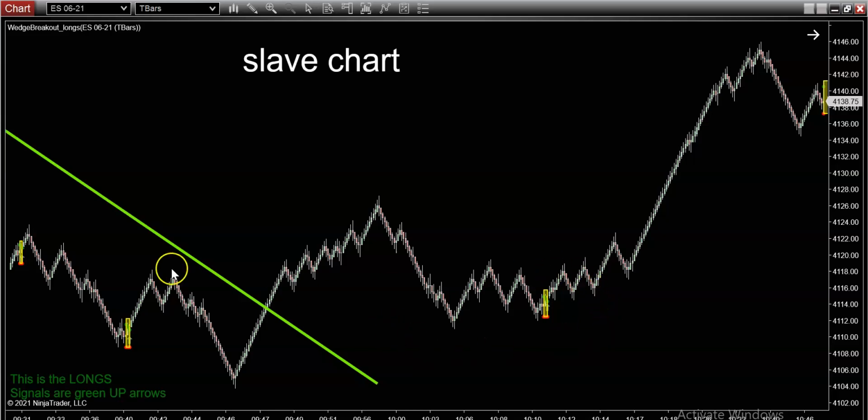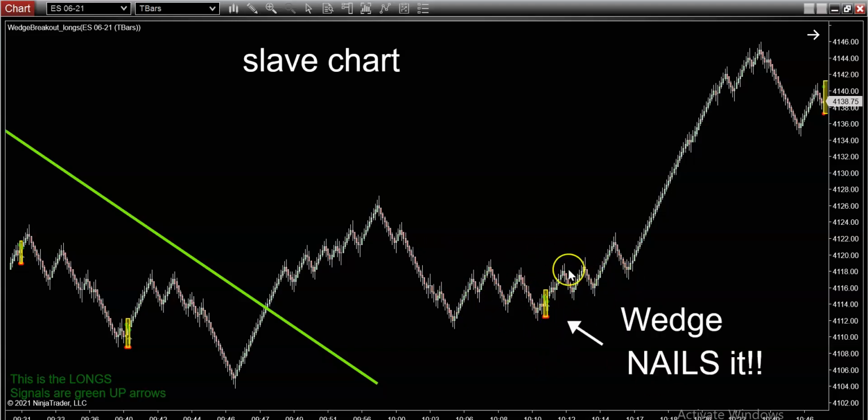Now, look at what happens to the right of the trend line, right? You get a lot of bars, you get a lot of different signals. And yeah, I suppose you could draw trend lines and stuff, nothing wrong with that. But can you see how, if you were using wedge patterns today, the wedge absolutely nailed the rally in the S&P 500 today, right?